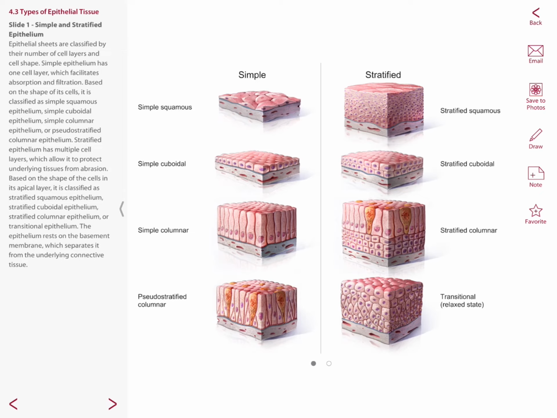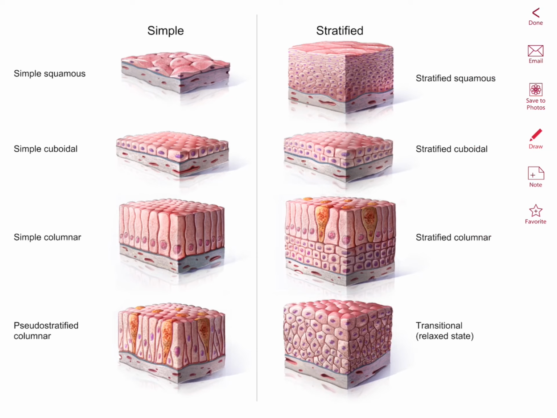All right, another thing is, like I was saying, how we classify these tissues. So for example, we can have the arrangements of layers, starting with the simple layer, which means it's just one layer of cells. And we can have the stratified layer, which means that it's 2 or more layers. So if you count 2 or more, it's classified as stratified.